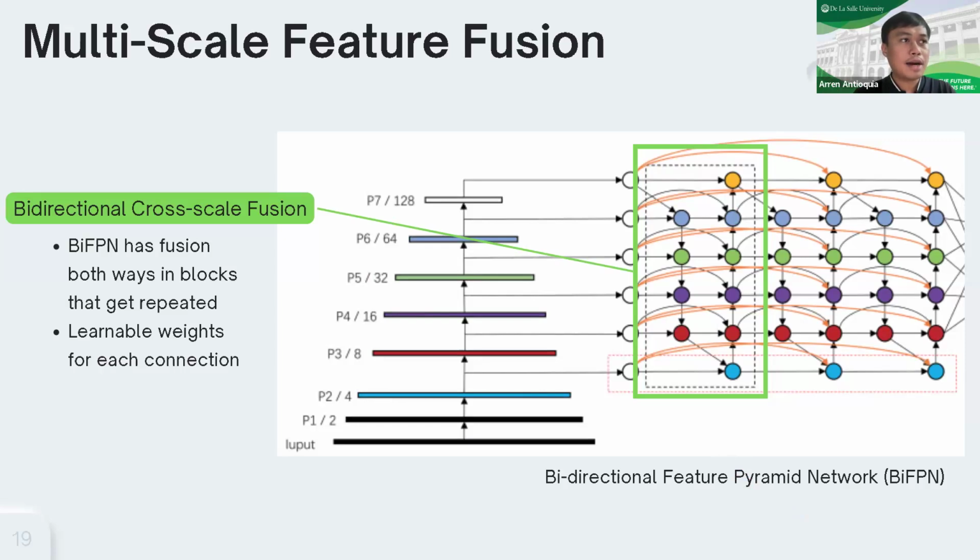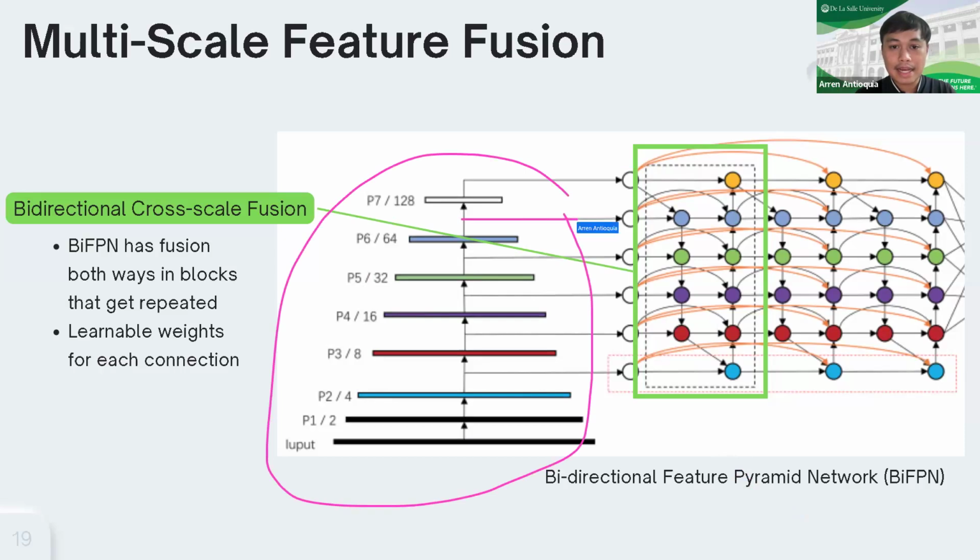But if we go back to the history of object detection, this idea of extracting feature maps from certain parts of the network stems from SSD. That's a 2015 paper. They usually get from the last layer of the network, the middle layer of the network, then somewhere before, or the shallower parts of the network.